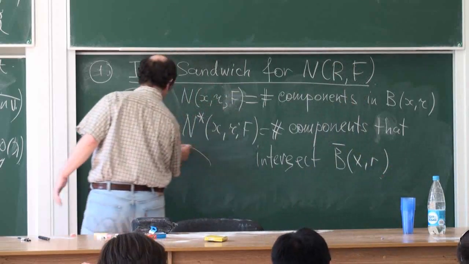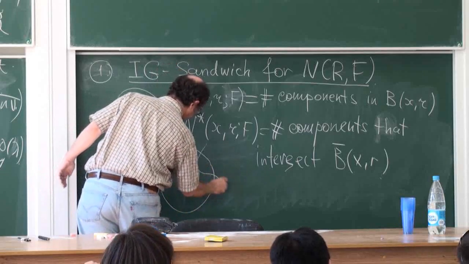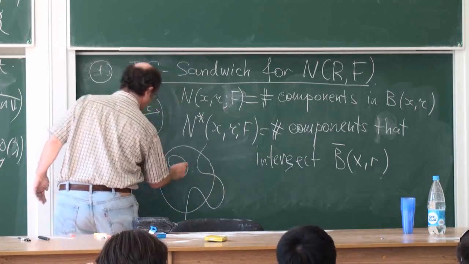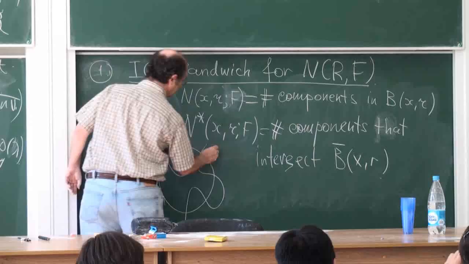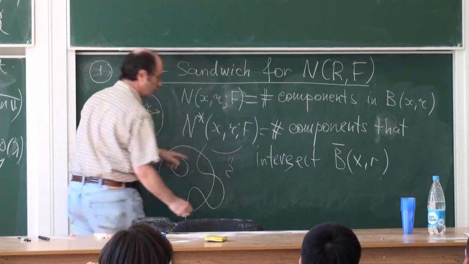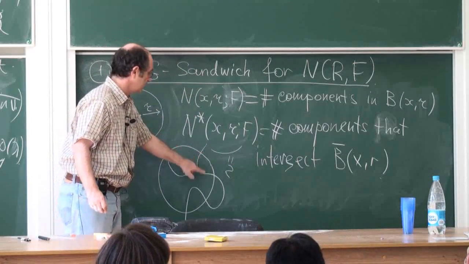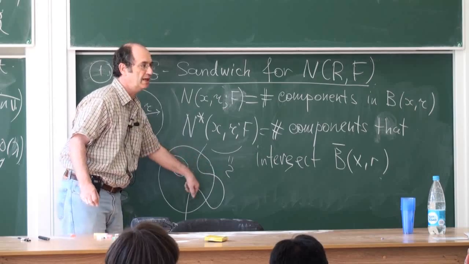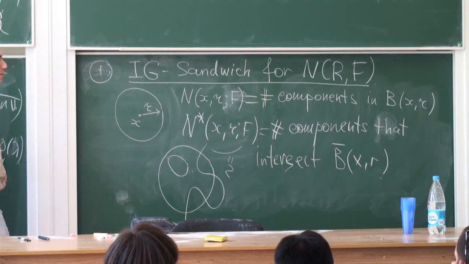So in this picture, n star equals 2. Though from the point of view of the ball, these are two different components, I count them as one component.